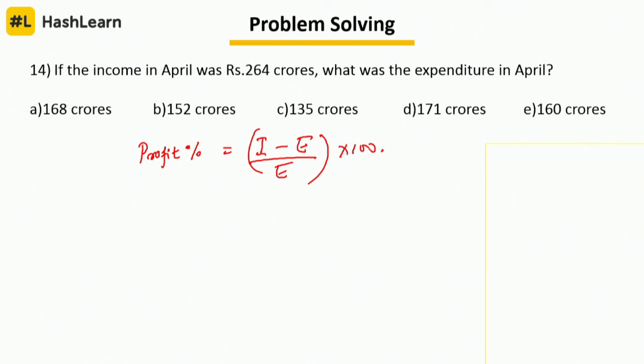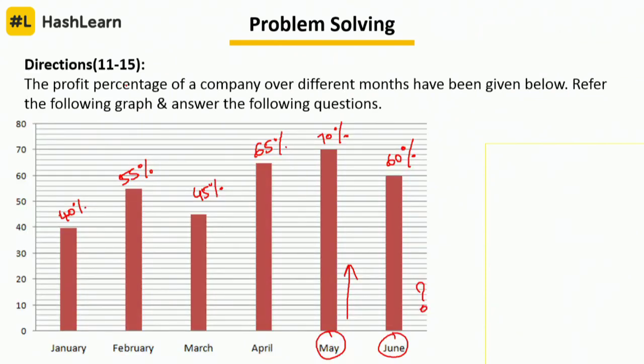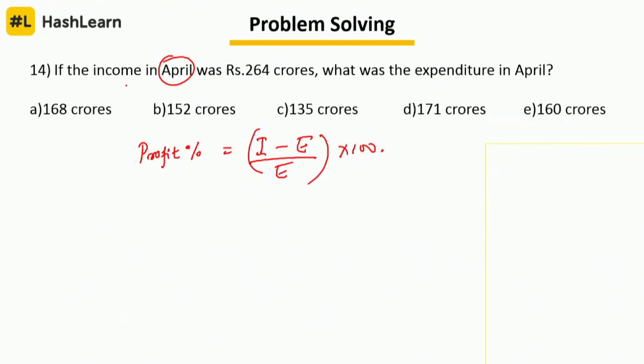So they are asking you to find, they have given you the income, so the profit in the month of April. What is the profit in the month of April? In the month of April there is a profit of 65%, so this will give you 65 is equal to income, 264 crores, minus expenditure, by expenditure into 100. Okay, so if you want you can cross multiply, then you divide by 100 plus E will be equal to 264.